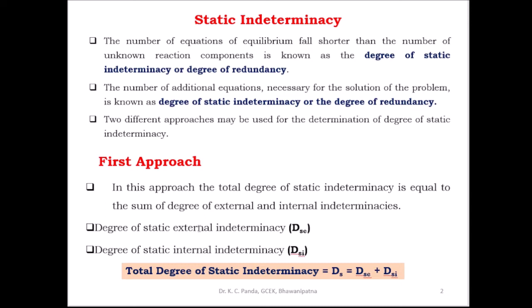That is the degree of static external indeterminacy, denoted by D_SE, and the degree of static internal indeterminacy, denoted by D_SI. Then the total degree of static indeterminacy can be determined by D_S = D_SE + D_SI.